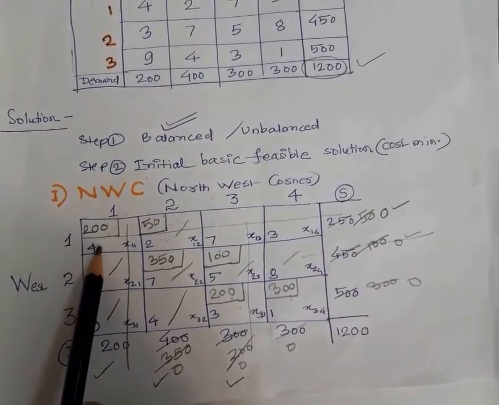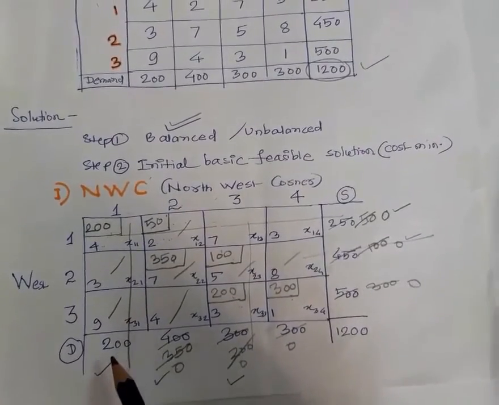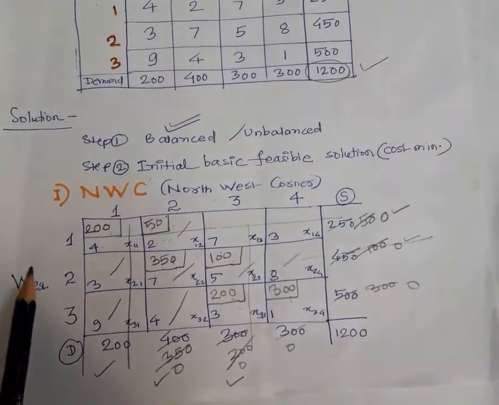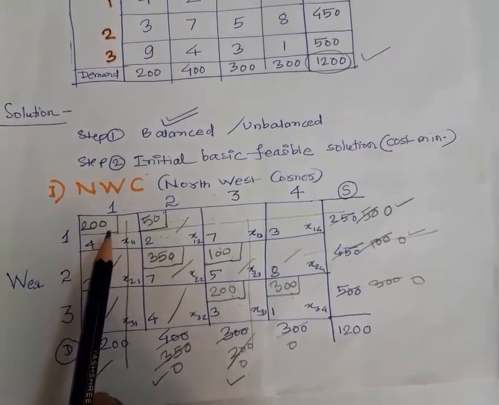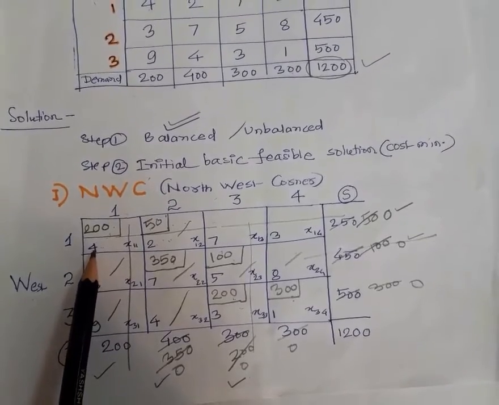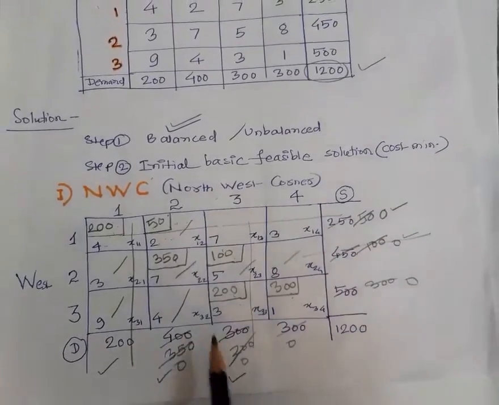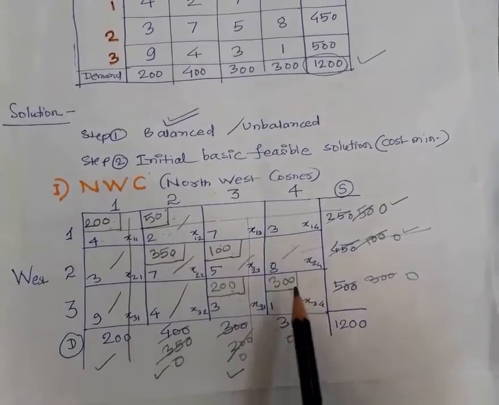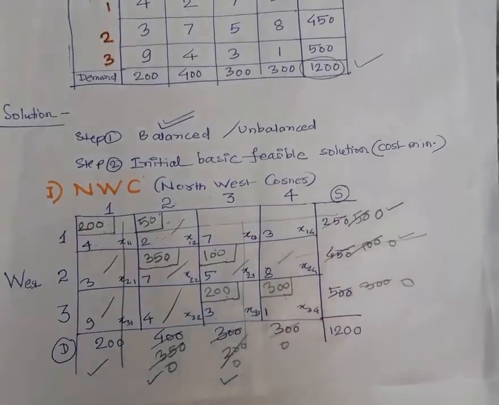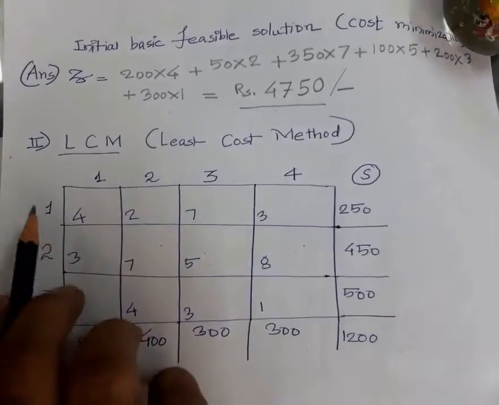Here also 4 is the unit cost of transportation and 200 is the allocation of demand, maximum demand possible. Now to find the optimum cost, it is 200 into 4 plus 50 into 2 plus 350 into 7 plus 100 into 5 plus 200 into 3 plus 300 into 1, that we found from the northwest corner method.